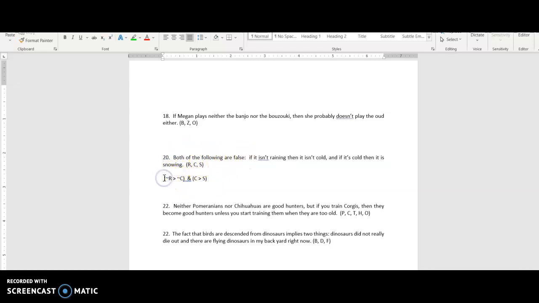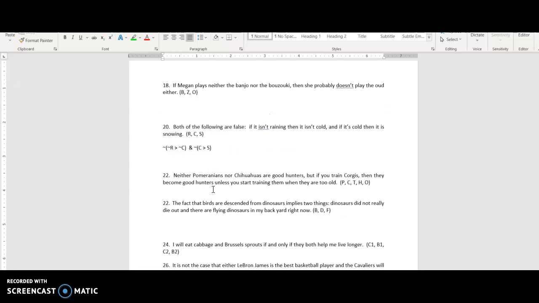So what we need to do for that is put a negation in front of both of those. It's false that this, and it's false that this. So that one's a little tricky because both of them are false. It's not saying not both. It's saying both not. Both are false.